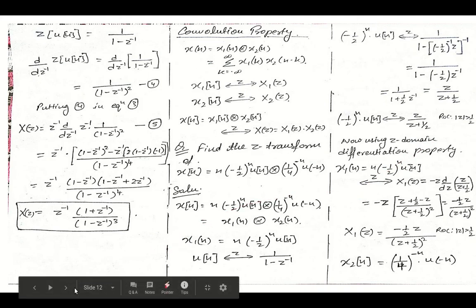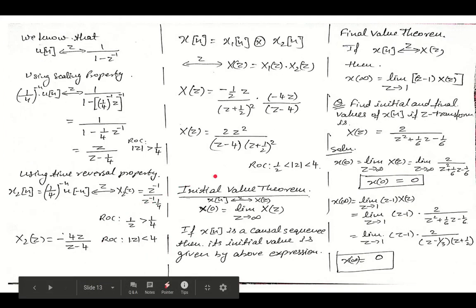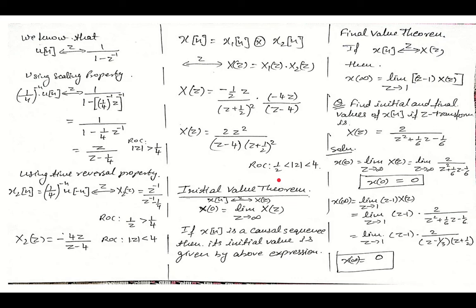So if I combine both these ROCs, then the ROC obtained will be 1 by 2 less than mod z, which is less than 4. So it will basically form a ring where the outer ring will be at 4 and the inner ring will be at 1 by 2, and the area between those rings will represent my ROC.